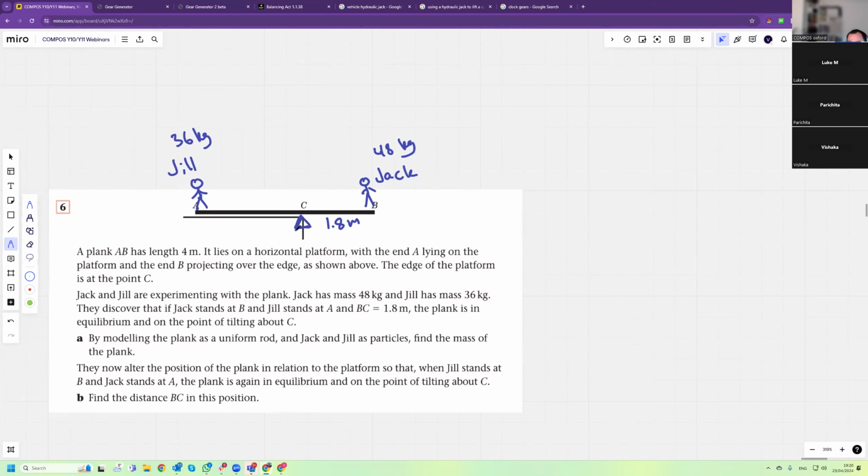And that means there's no force here. It's as if they are being balanced. If this is 1.8, this has to be 2.2. So we have Jill, Jack, and what's the third force?